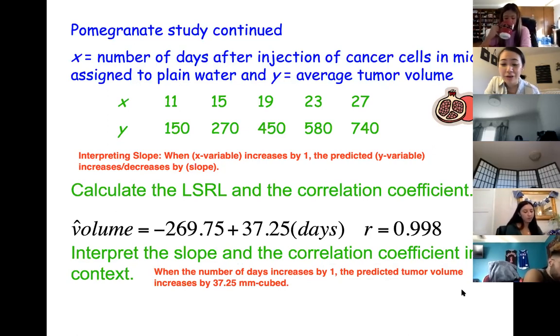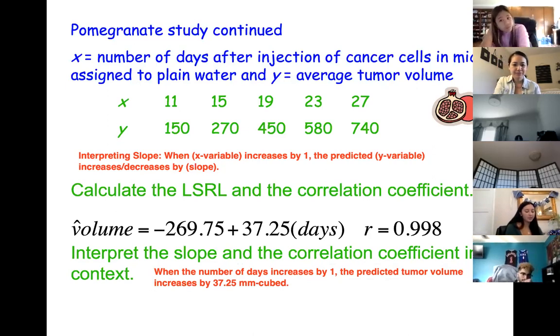Interpreting the correlation coefficient. Again, use the same format.